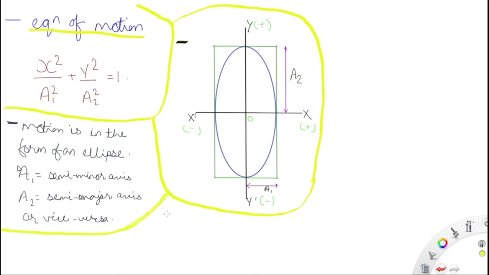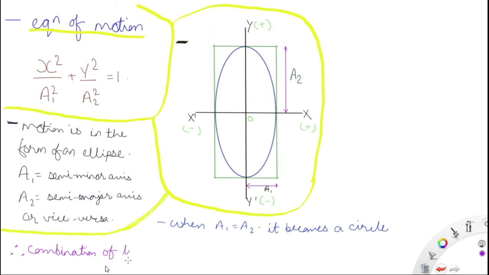When A1 is the bigger one, A1 will be the semi-major axis. When A1 is equal to A2, the ellipse becomes a circle; semi-major axis equal to semi-minor axis makes it a circle.